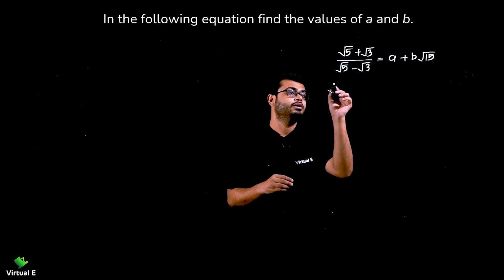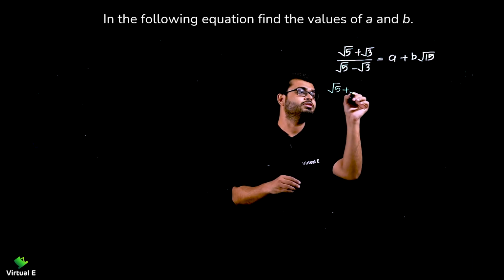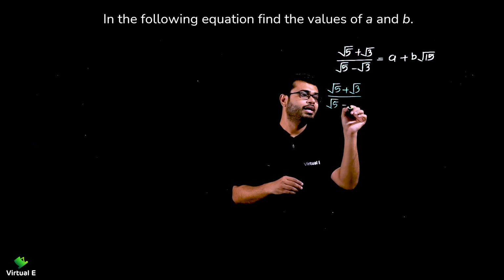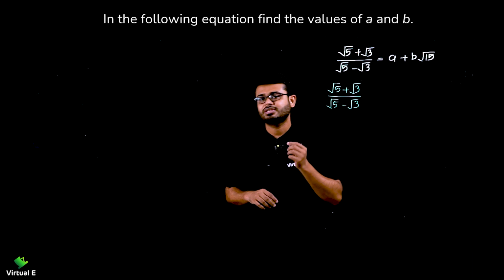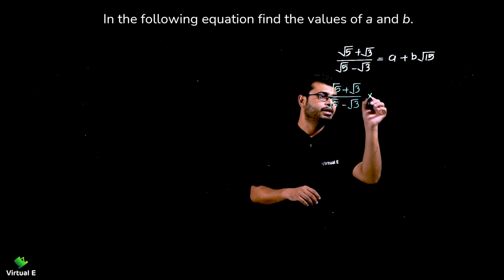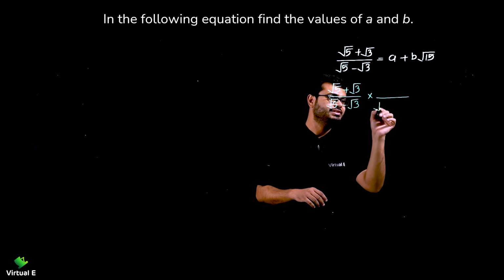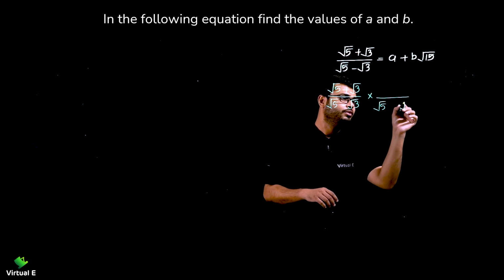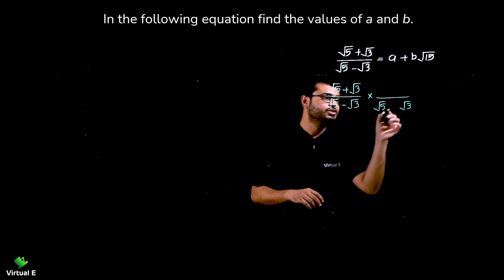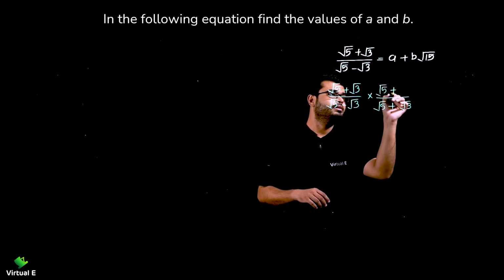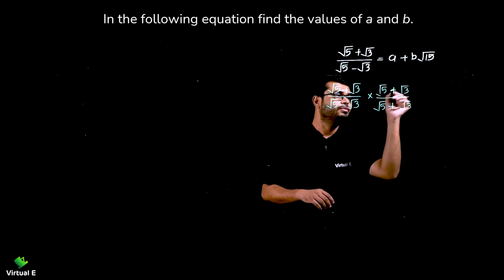So that's what we are going to do. Let's write root 5 plus root 3 over root 5 minus root 3. Now rationalizing: the conjugate here, let's write the denominator exactly the same, root 5 and root 3, but with a different sign. Minus, so we will write plus, and exactly the same in the numerator, root 5 plus root 3.